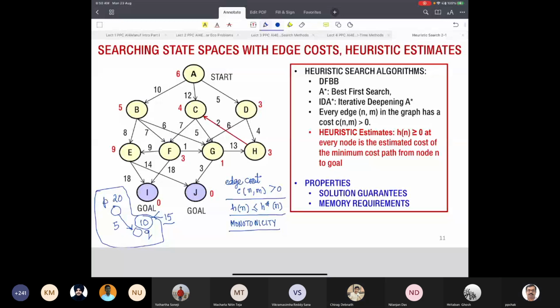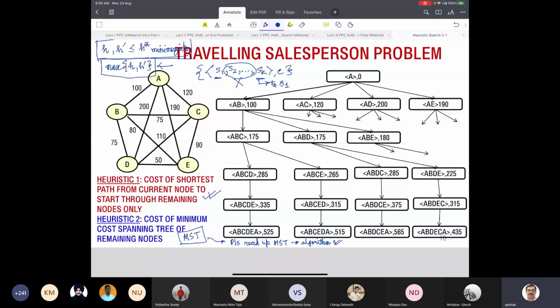No, tell me. A little while ago, you all told me that if I have two estimates at a node and both are underestimates, I will take the maximum of the two because the maximum is more accurate. Isn't that what you just told me? Yes, sir.